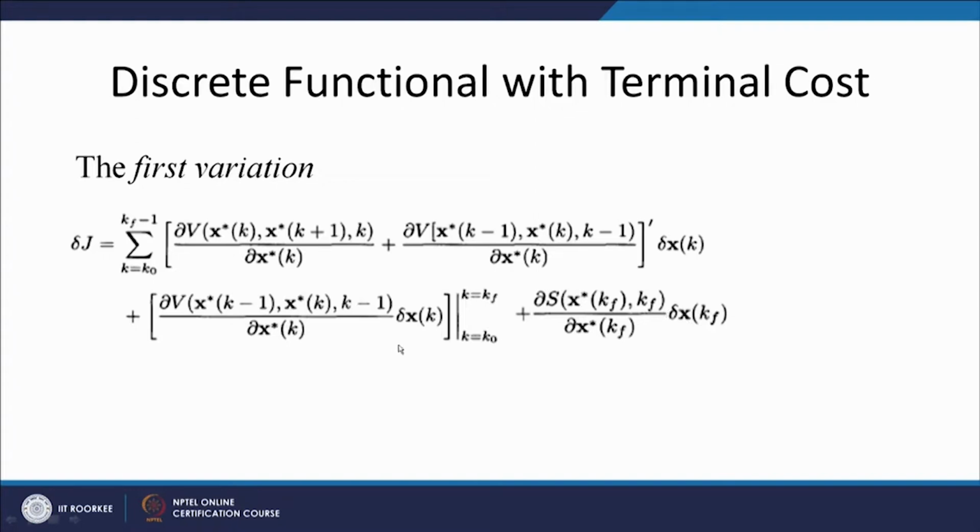Now, as my initial condition is given, k equal to k0 and x of k0, delta x of k0 will be 0. So, this is left only with the kf term.